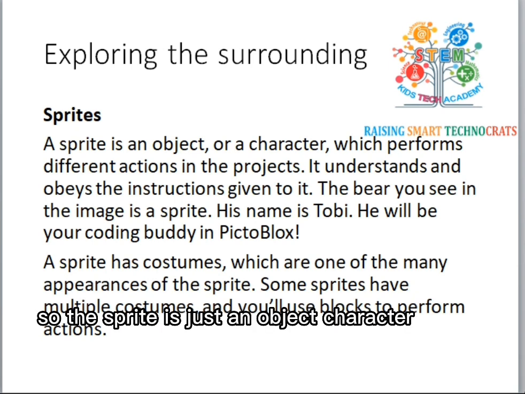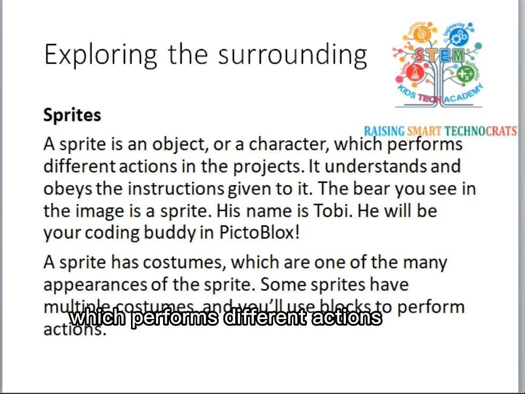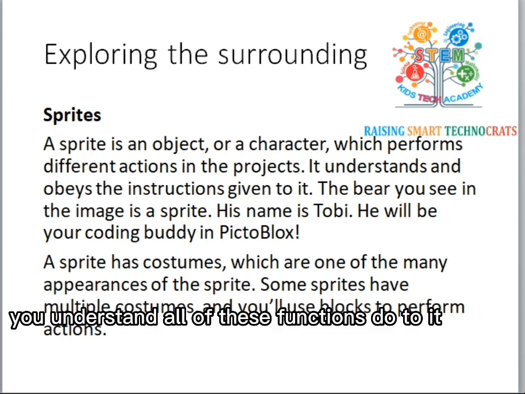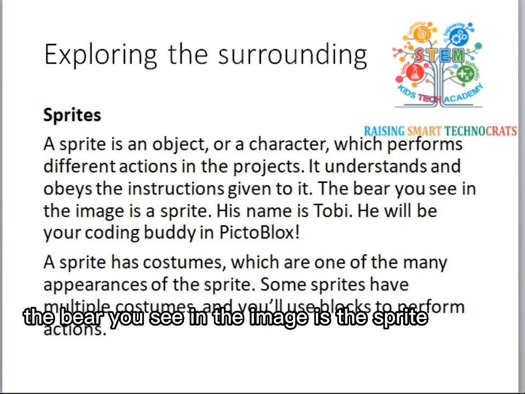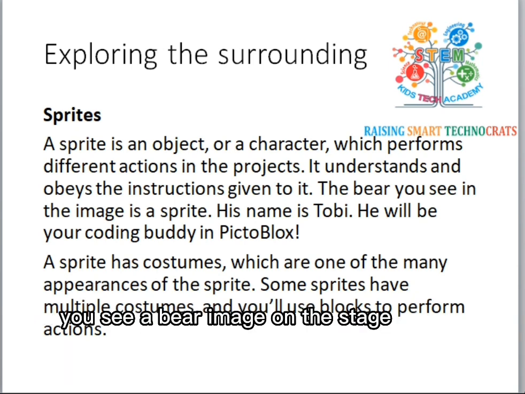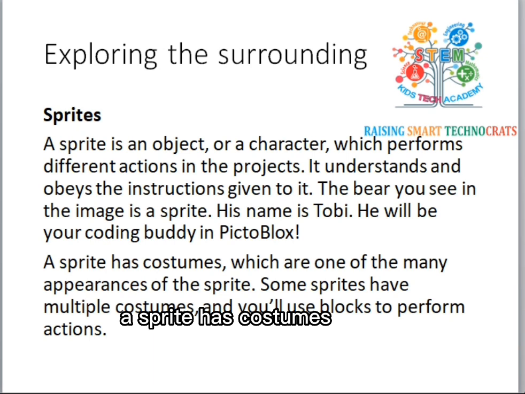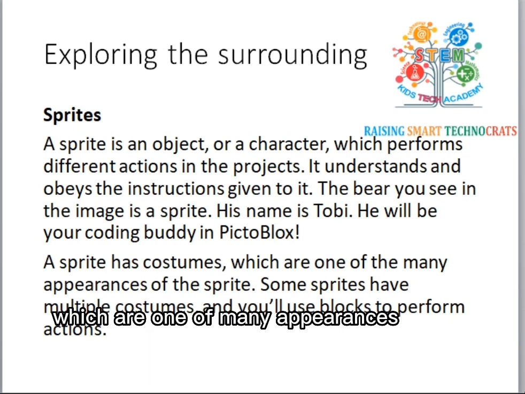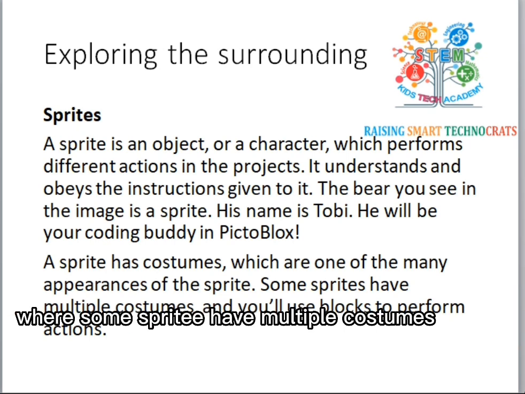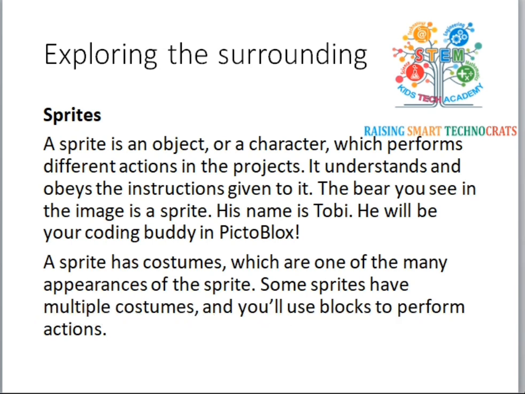The bear you see in the image is a sprite. If you look at Pictoblox, you see a bear image. That's a sprite. So this will be your coding body in Pictoblox. A sprite has costumes, which are one of many appearances of a sprite. Some sprites have multiple costumes, and you'll be able to use blocks to perform these actions.